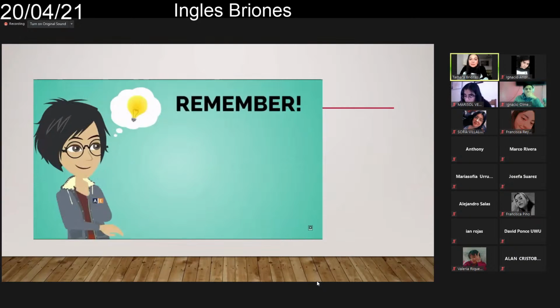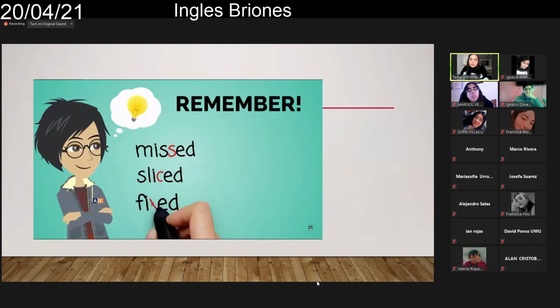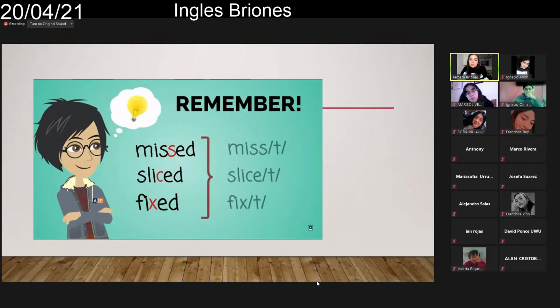Remember how we saw that spelling and sounds don't match up? Well, look at the following words: missed, sliced, and fixed. The last sound in each verb is spelled differently, but they all make the s sound. That's why they get the t past tense ending.